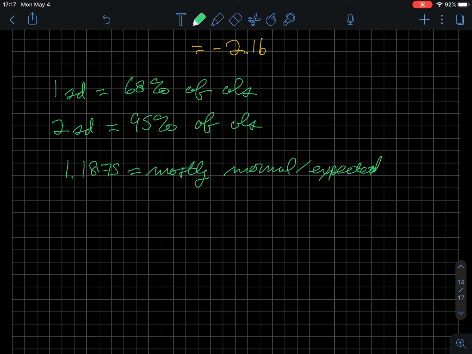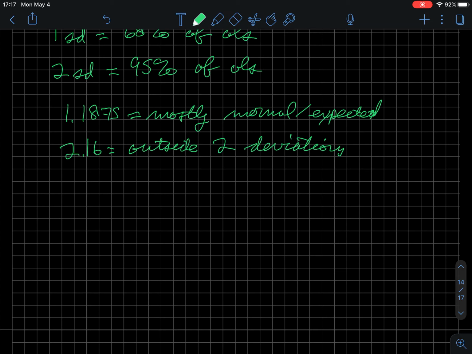But this value of 2.16 is outside 2 deviations. When it's outside of 2 deviations, this is a highly unusual value, within about 5% of highly unusual.